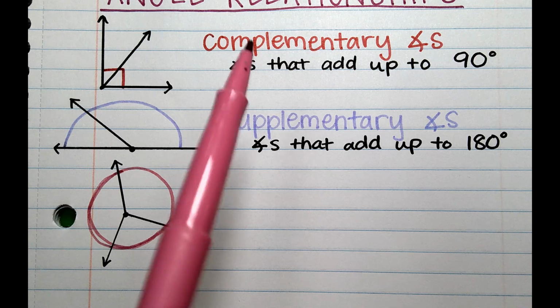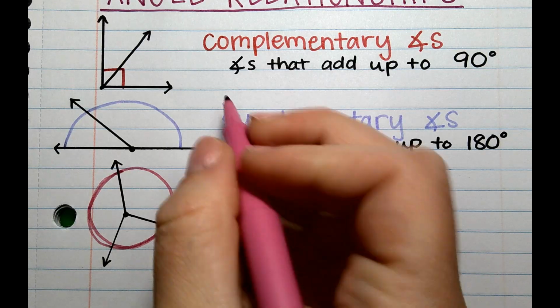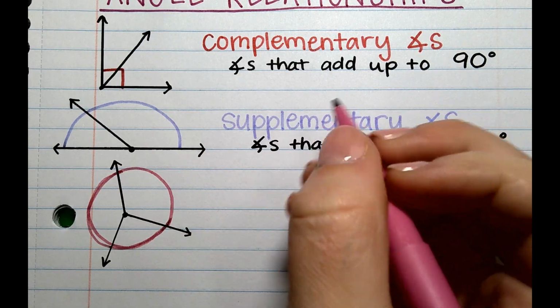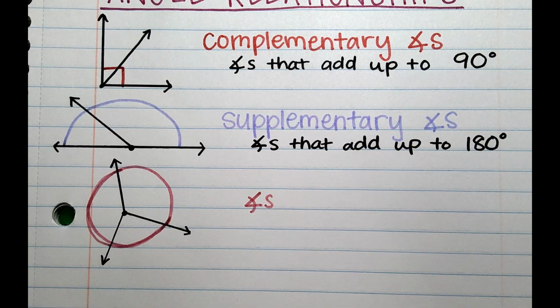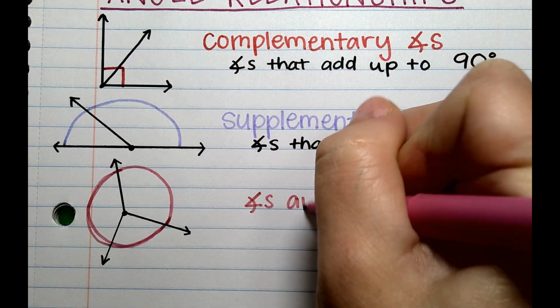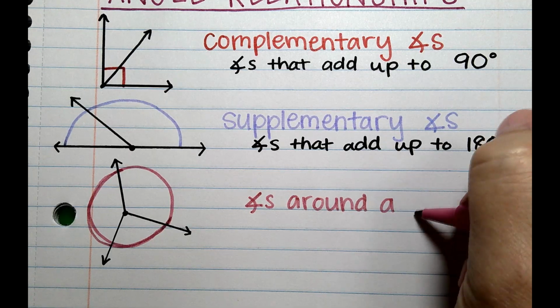These don't have a fancy name like the first two. We just call them angles around a point.